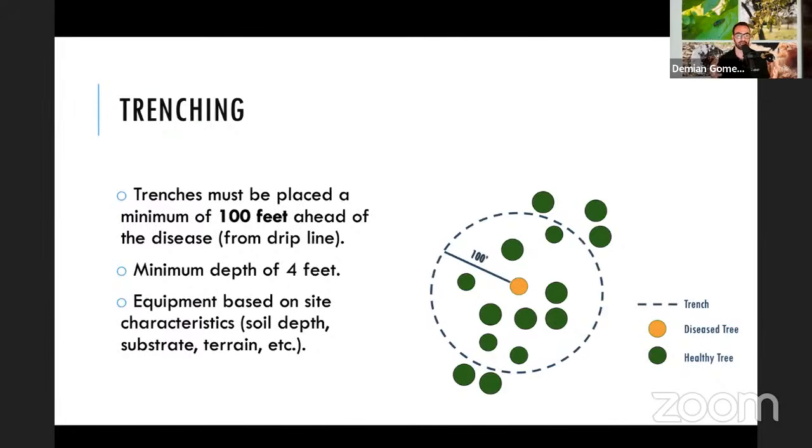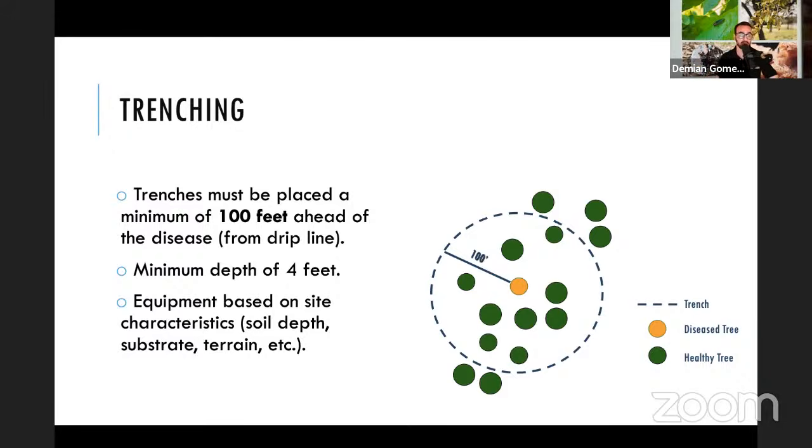So the way this works is that you first start by determining the disease perimeter using visual symptoms and all the stuff that we already talked about, the pattern of mortality, the leaf symptoms, etc. And then you find all of these diseased trees, and you place a trench 100 feet ahead of the disease, right? Remember, the disease moves around 75 feet a year on average, so you want to be a little bit ahead of that.